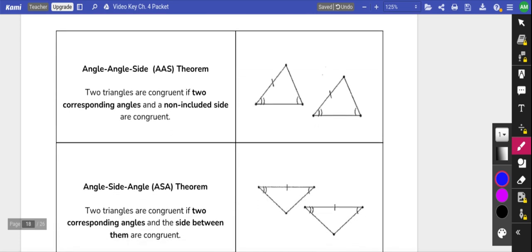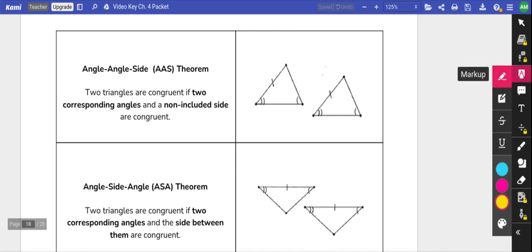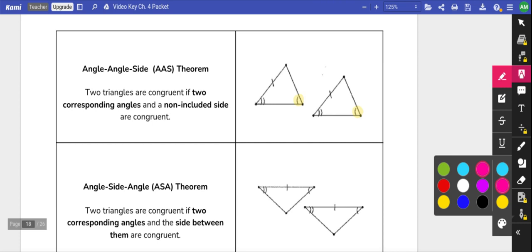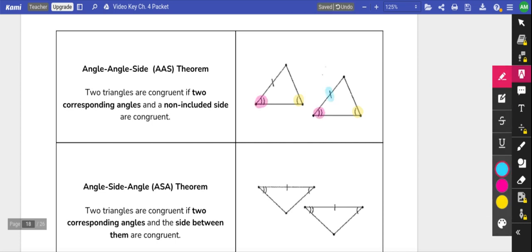Another way to prove that triangles are congruent is called angle angle side. Now this says that two triangles are congruent if two corresponding angles and a non-included side are congruent. So here is one pair of corresponding angles. Here's another pair. And here is my non-included side, meaning it's not the side between them.